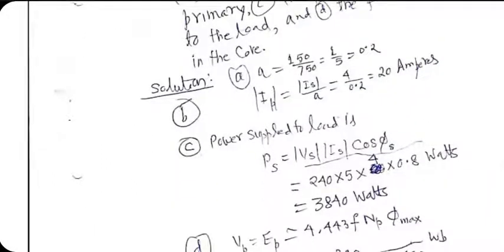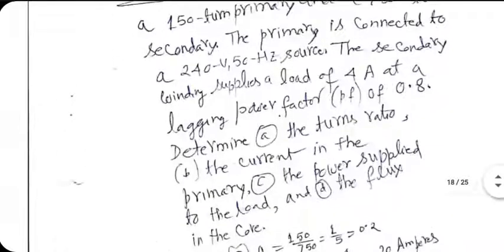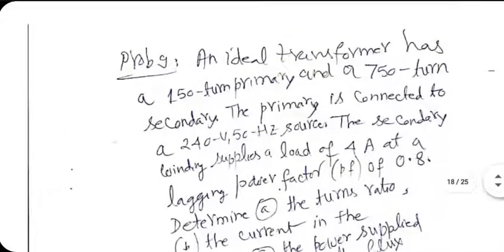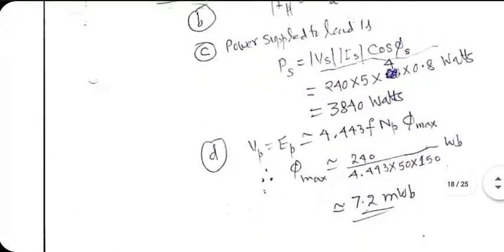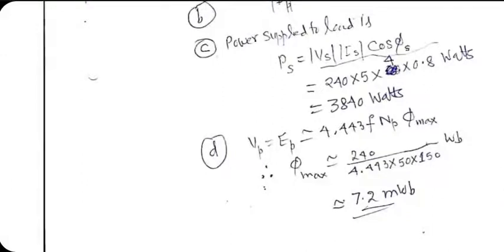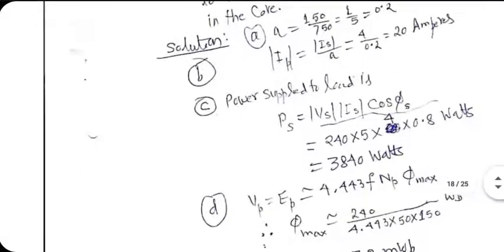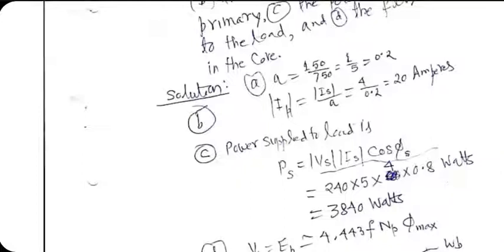So you multiply. Vs is 240 volt. Just a minute. No, sorry. Primary is connected to 240 volt. Let me see what I'm doing. Yeah, 240, and it is a step-up transformer. So 240 multiplied by 5 will give me secondary voltage magnitude.